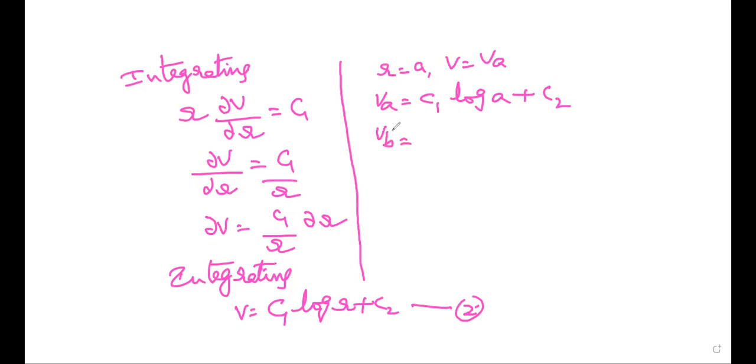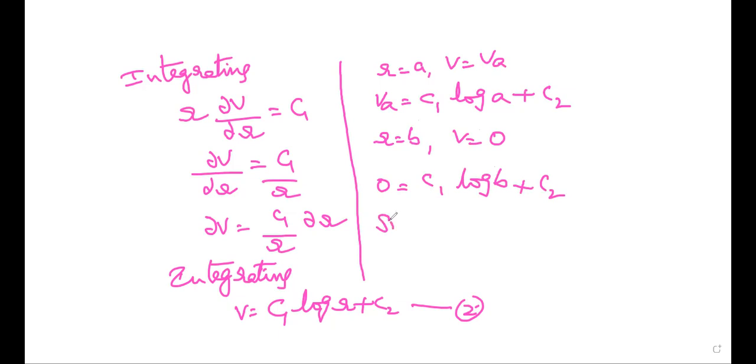At r is equal to b, V is equal to 0. This implies 0 is equal to c1 log b plus c2.